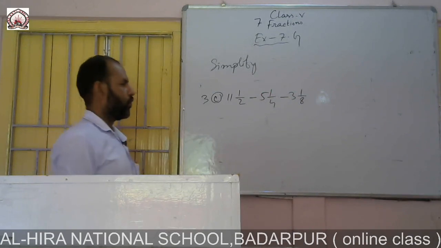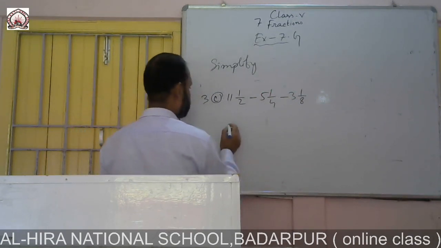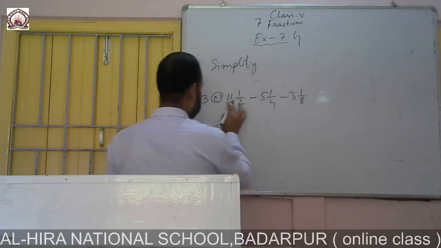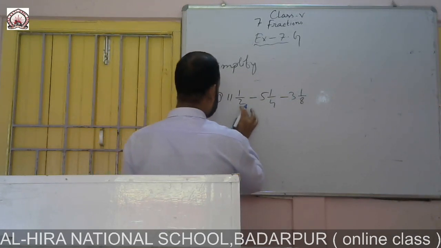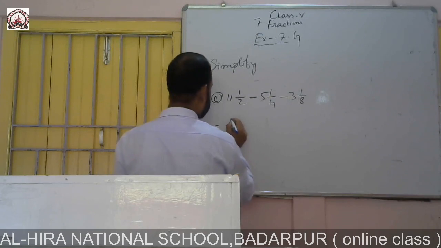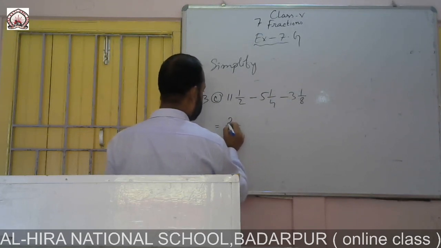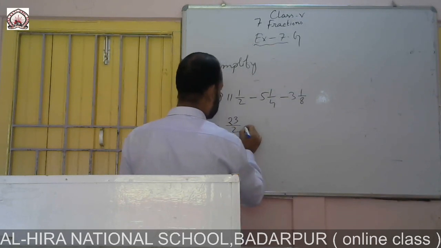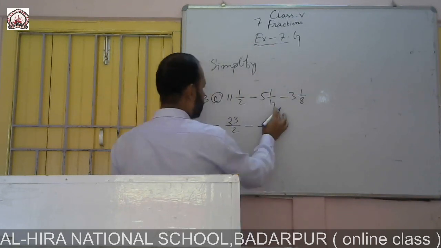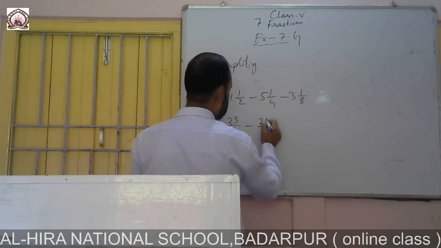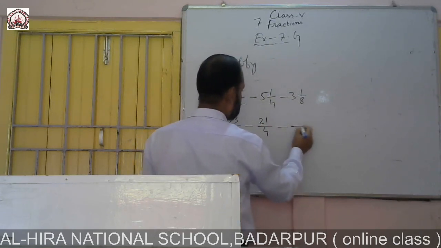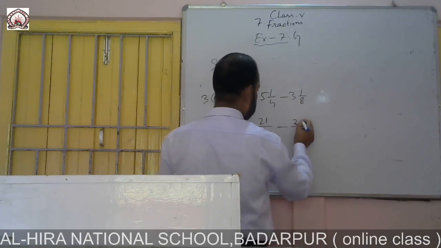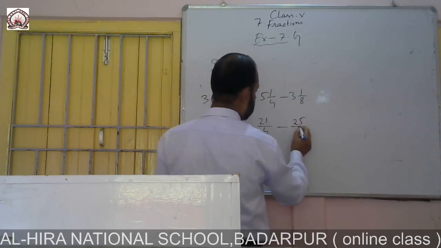Now 11 2s are 22, 22 plus 1 is 23, so 23 by 2. 5 4s are 20 plus 1, 21 by 4. 3 8s are 24 plus 1, 25 by 8.